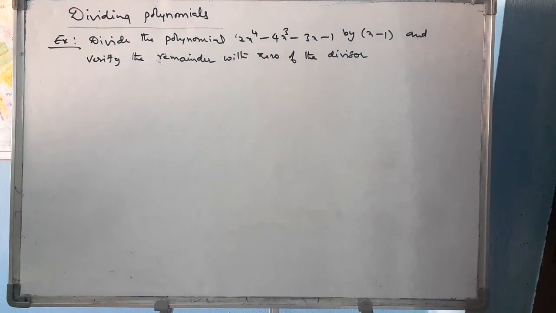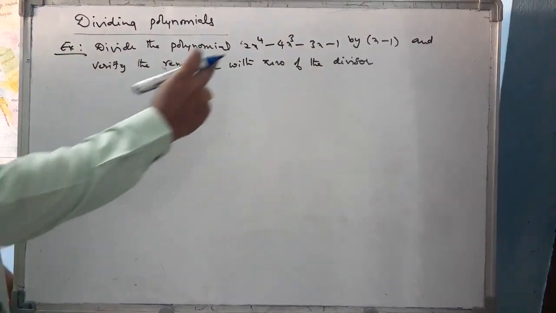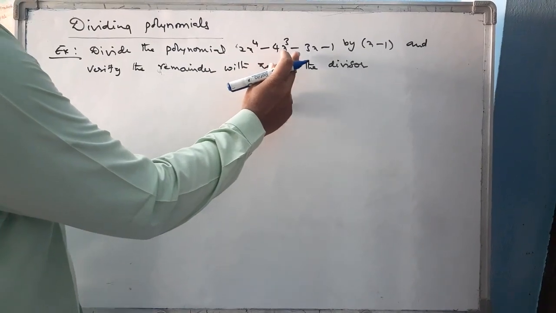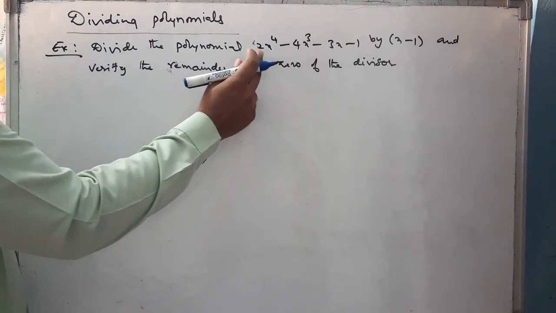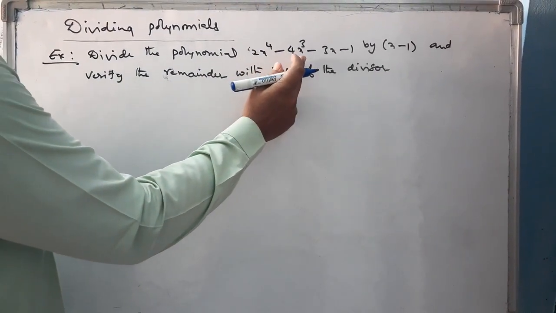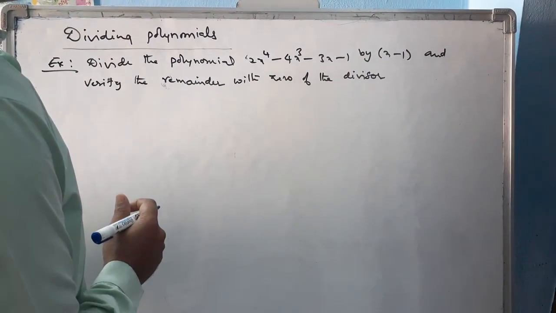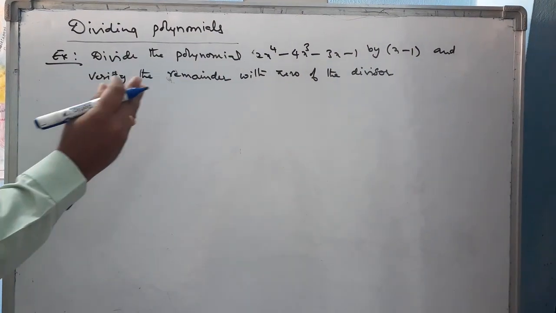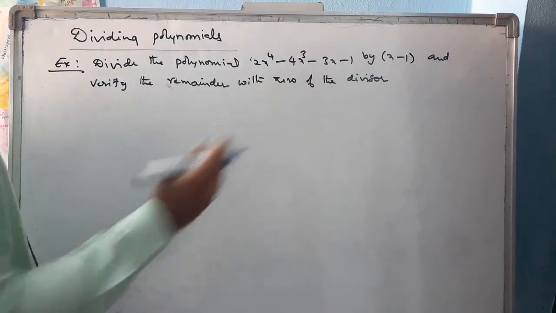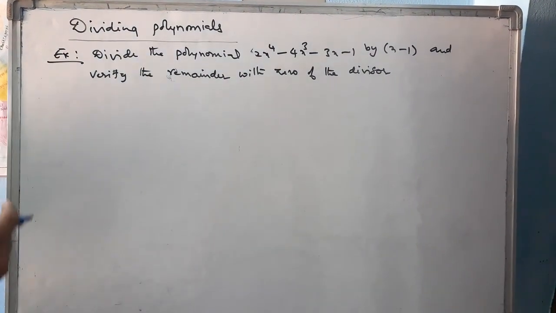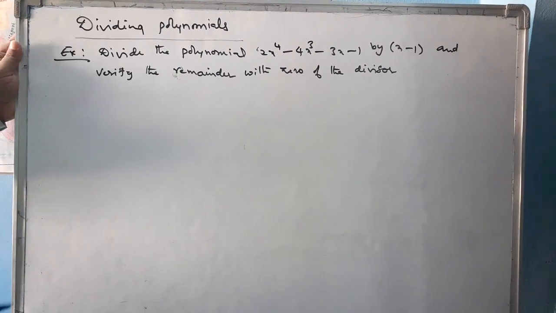Next example, divide the polynomial 2x to the power of 4 minus 4x cube minus 3x minus 1 by x minus 1, and verify the remainder with the zero of the divisor. So first of all, divide the polynomial by x minus 1.